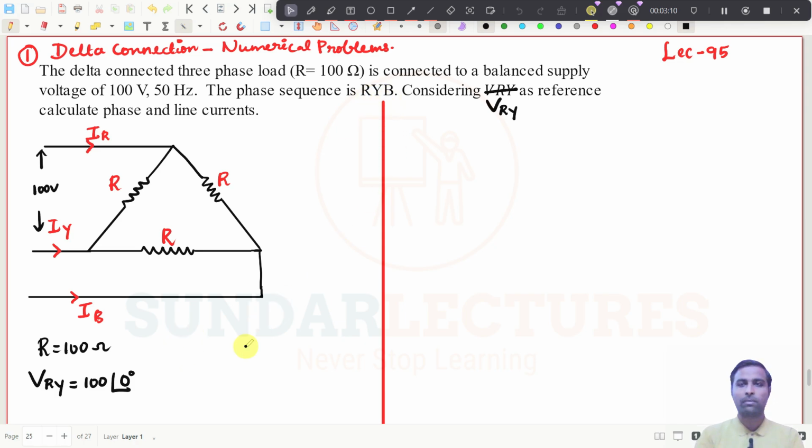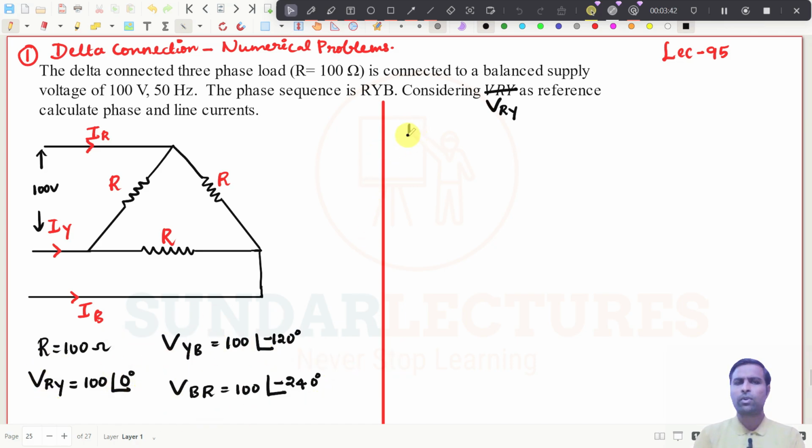Since it is RYB sequence, VYB will be 100 at an angle of minus 120 degrees, because R comes first, Y next, then B. And VBR will be 100 at an angle of minus 240 degrees, or we could write it as plus 120 degrees. That is also possible. So now we have found all the values.